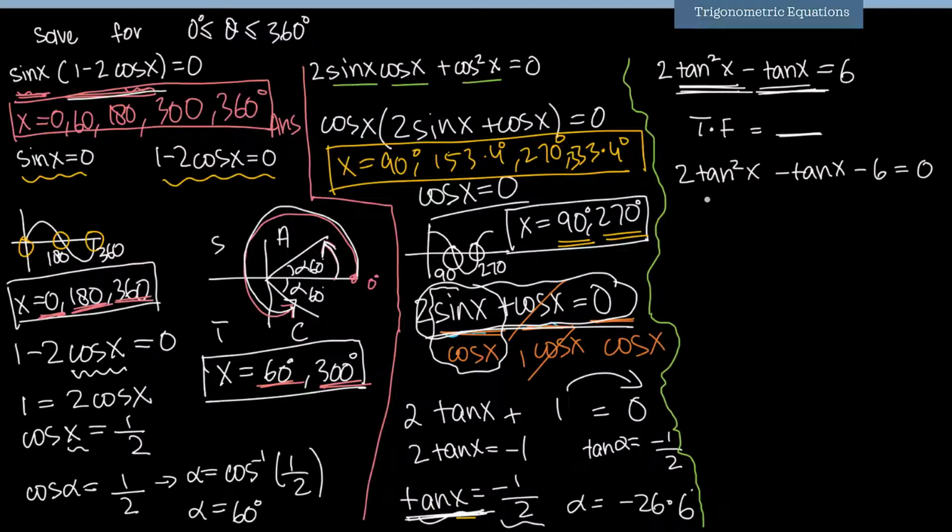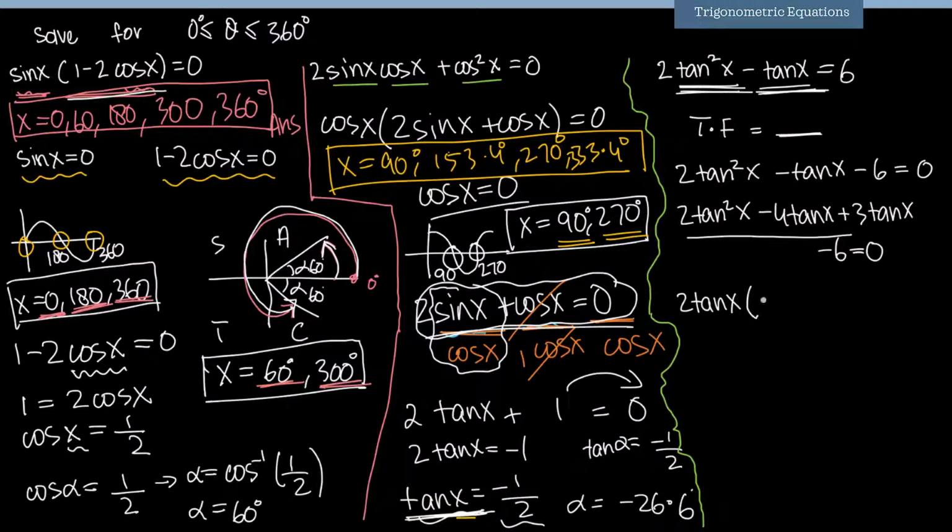So to break the middle term, I can write 2 tan square x minus 4 tan x plus 3 tan x minus 6 is equal to 0. And in the first two terms, if I take 2 tan x common, I'll get tan x minus 2.